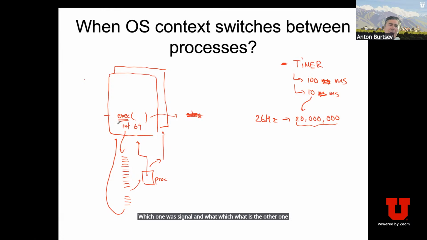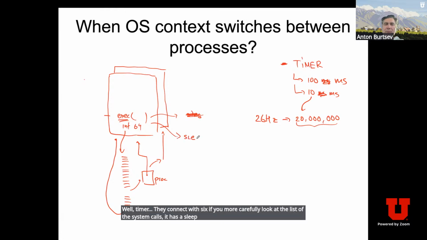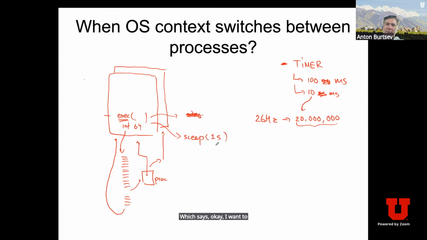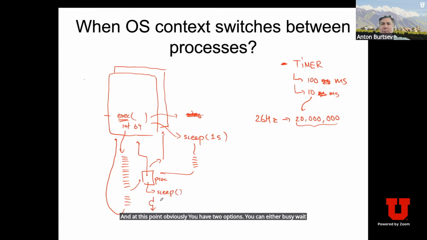Well, timer. In xv6, if you more carefully look at the list of system calls, it has a sleep system call, which says, okay, I want to sleep for 1 second, for example. Obviously, at this point, you go into the kernel, you change the process data structure, saying that I want to sleep. And you have two options. You can either busy wait, doing nothing for a second.